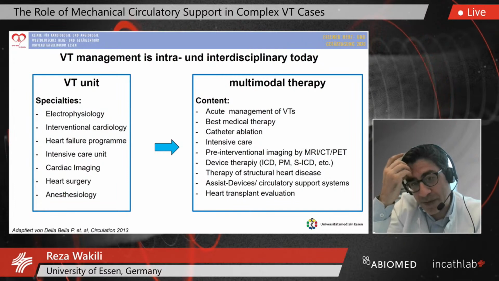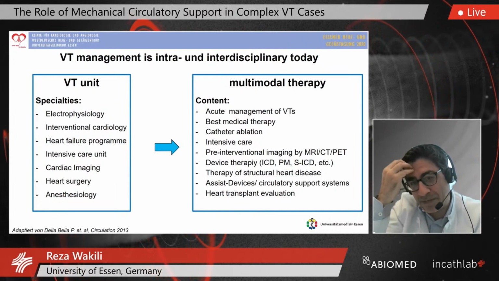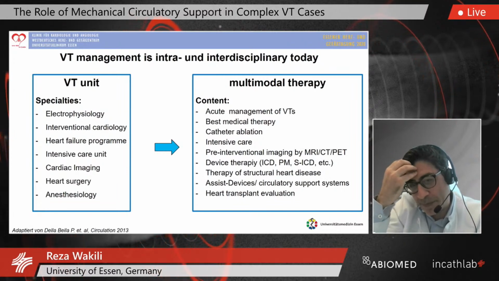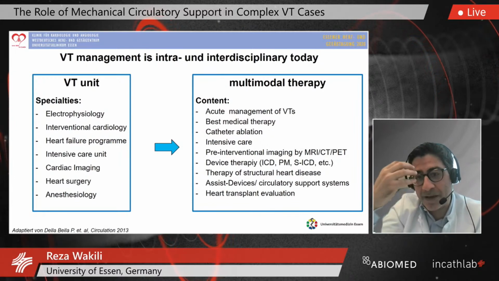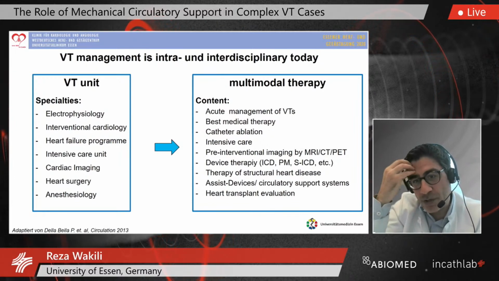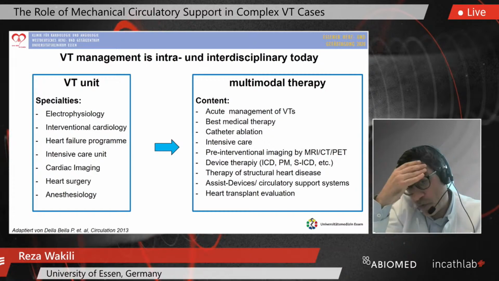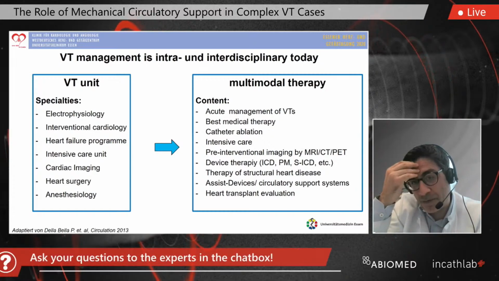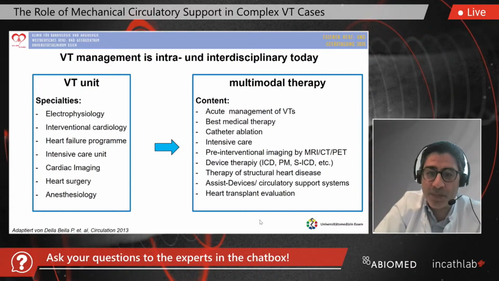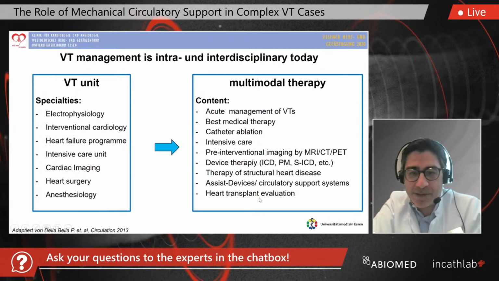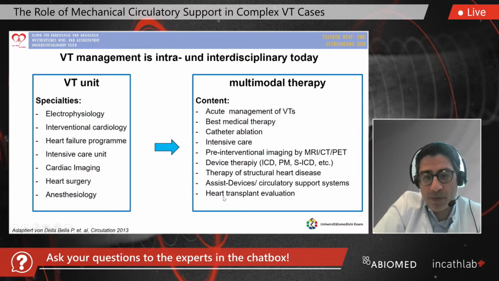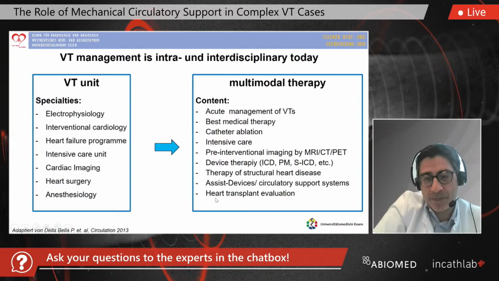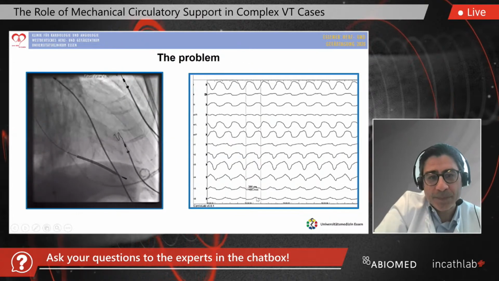Because, as already mentioned by Tom, there is a certain benefit, but it probably comes at the cost of higher complication rates. Therefore, you should have an established workflow and an experienced team on how to use these circulatory support systems. And I think heart transplant, especially in young patients with end-stage heart failure with ventricular arrhythmias, is always an option you should look into rather earlier than too late.